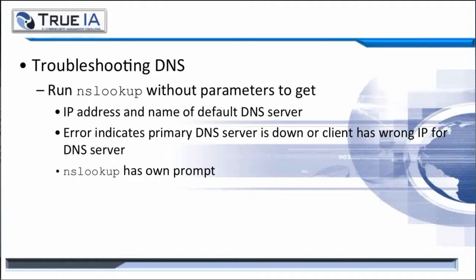To run NSLookup, you'll need to know certain parameters. IP addresses and name of default DNS servers, for instance, and any errors that indicate primary DNS server is down or client has the wrong IP for the DNS server.